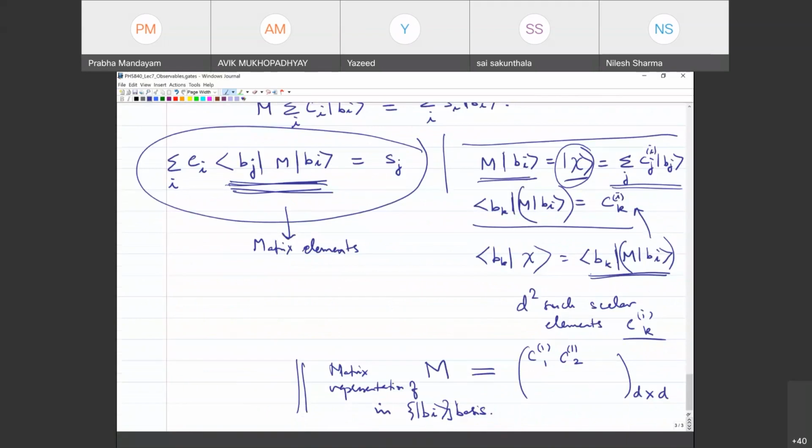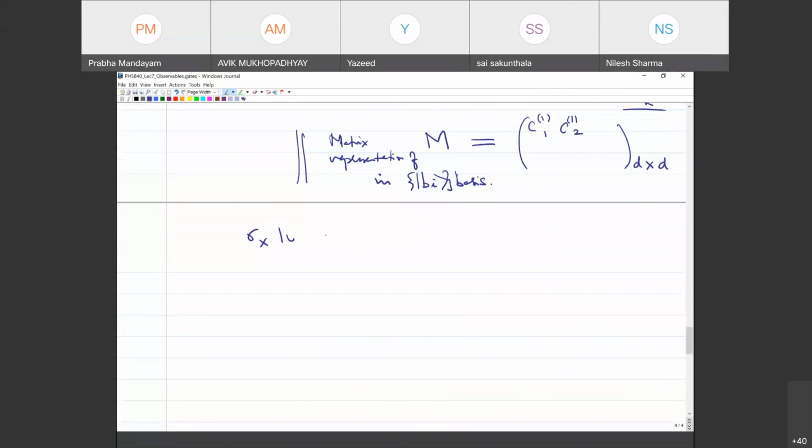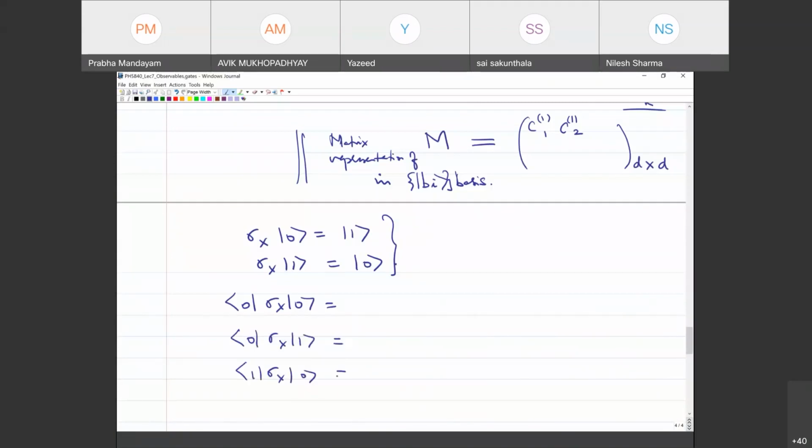You could do this simple exercise. You know that sigma x acting on 0 gives me 1, and sigma x acting on 1 gives me 0. What is the matrix representation of this? I need to work out these 4 elements: 0|sigma x|0, 0|sigma x|1, 1|sigma x|0, and 1|sigma x|1.